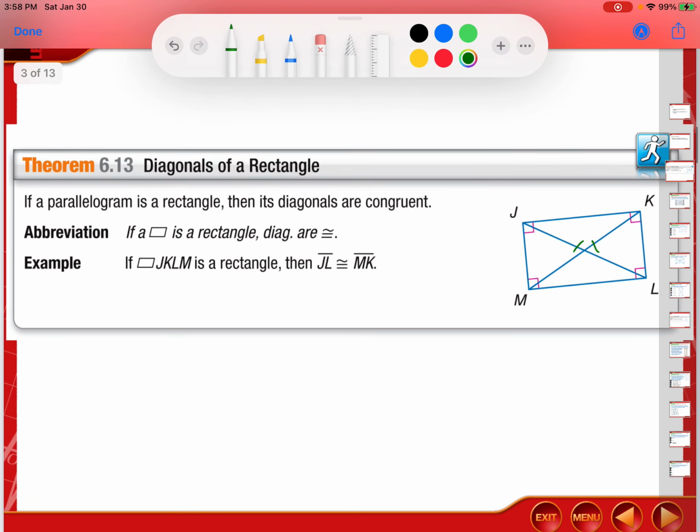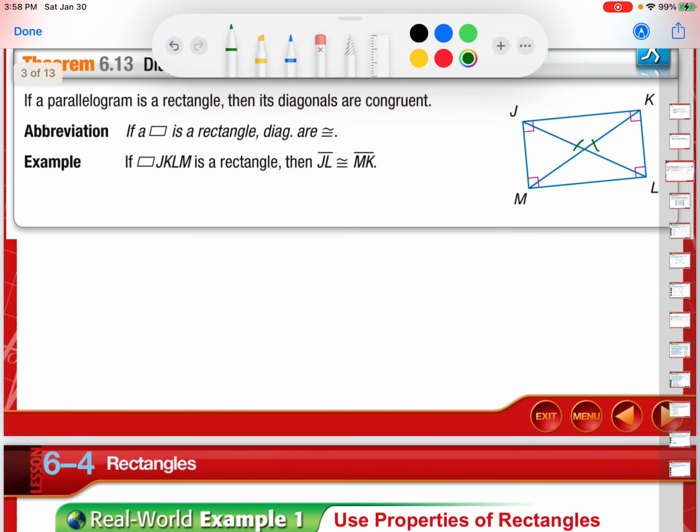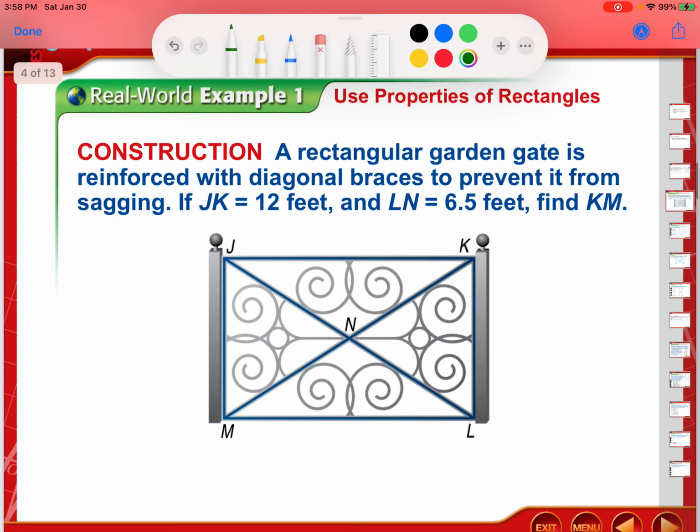That's how you tell with diagonals. You can also tell by the parallel sides and the 90-degree angle, but we'll stick with diagonals since that's easier.